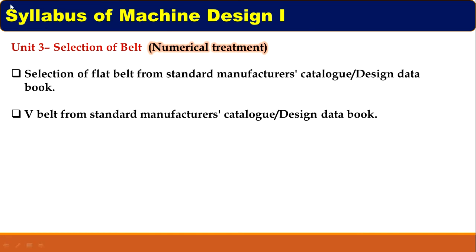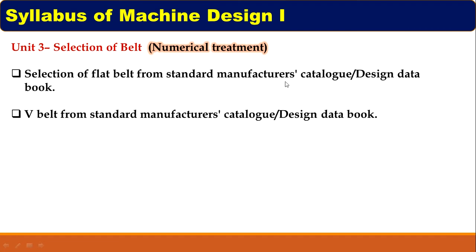Now let us go through the content of this unit 3, selection of belt. It also consists of numerical treatment. Here we are not going to find out the stresses, or check the stresses in the belts. We are simply going to use the standard manufacturer's catalog. This catalog is provided by the manufacturers, and that's why it is called the standard manufacturer's catalog.